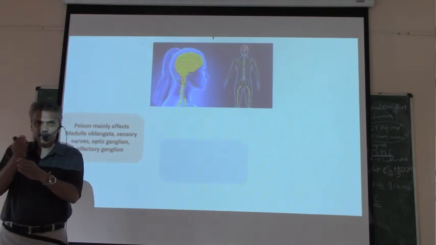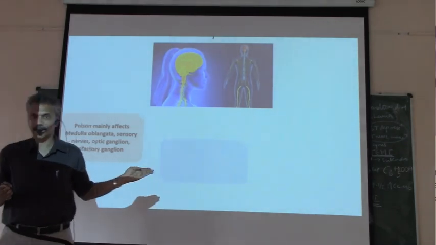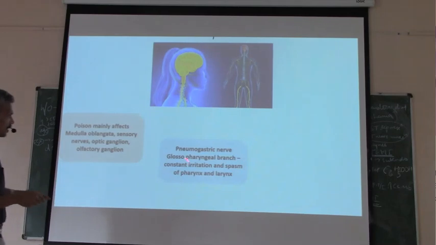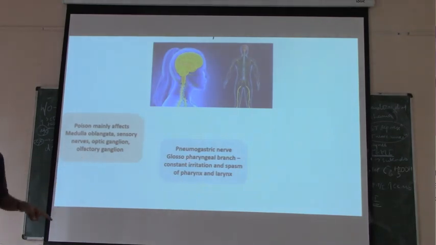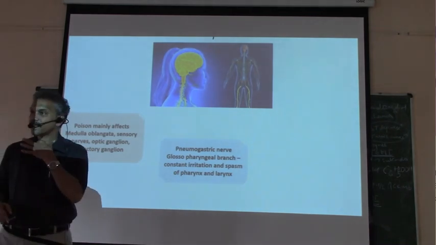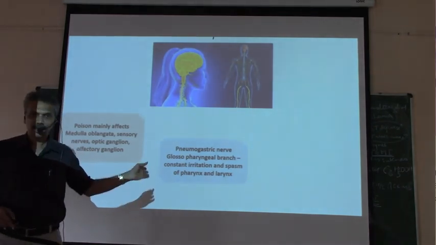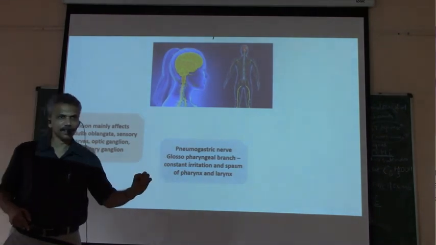And when you look at the scientific reason, why is this happening? This is where you get the answer. He says pneumogastric nerve, glossopharyngeal branch, that is getting affected and it causes constant irritation and spasm of the pharynx and the larynx. Even Dr. E. Farrington nicely writes, I'll explain it a little later.